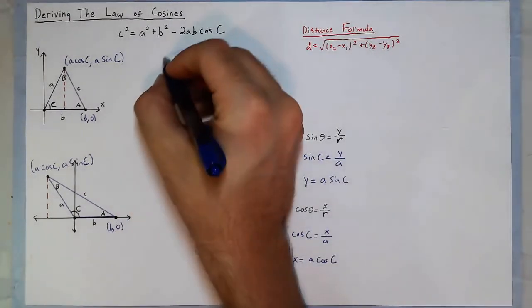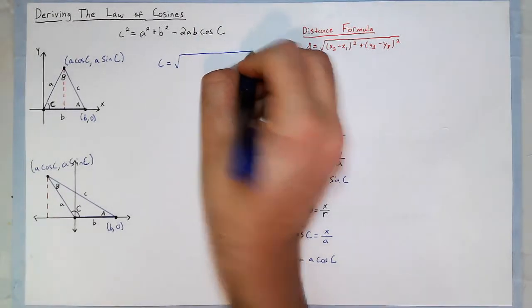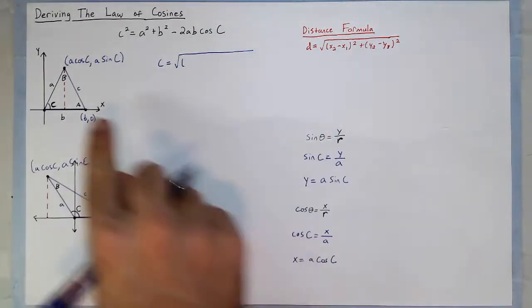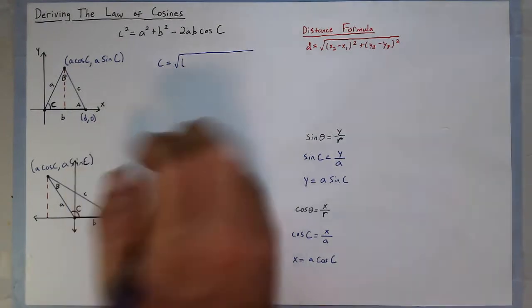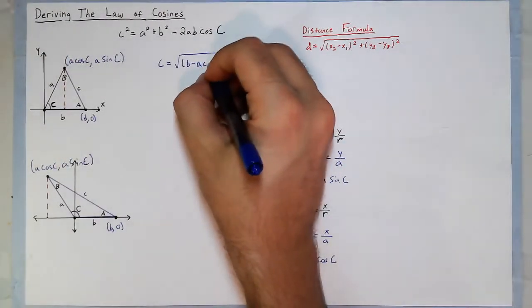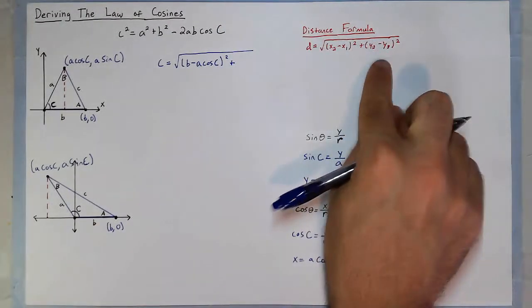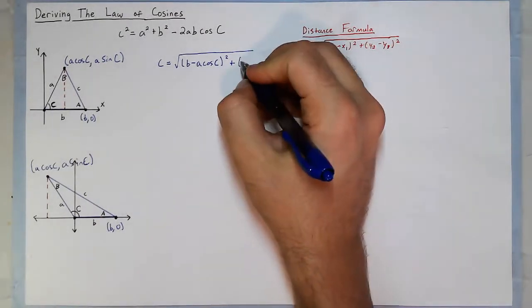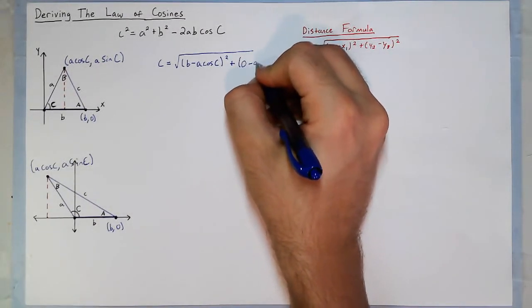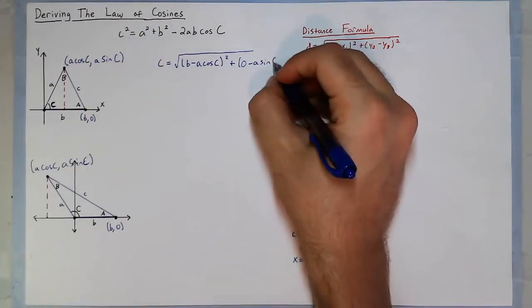And I'll get c is equal to the square root of x2, which I'll say b is my x2, minus x1, a cosine of c, squared, plus y2, which I'll say is 0, minus a sine of c, which is the y1, squared.